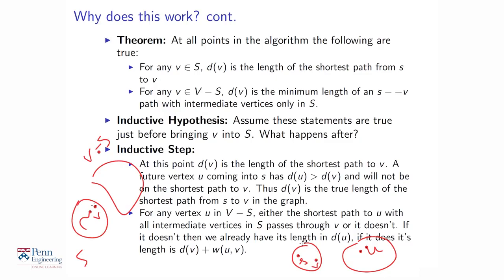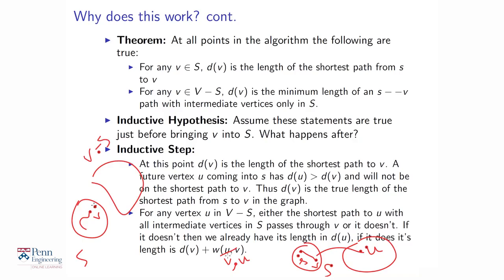The shortest path staying entirely within capital S and then going over to u either goes through v or it doesn't. If it doesn't go through v, we already have that length in D of u. D of u is the length of such a shortest path. If it goes through v, then the length of such a path is the shortest path from s to v, which is D of v, plus the weight of the edge from v to u, which is weight of vu.